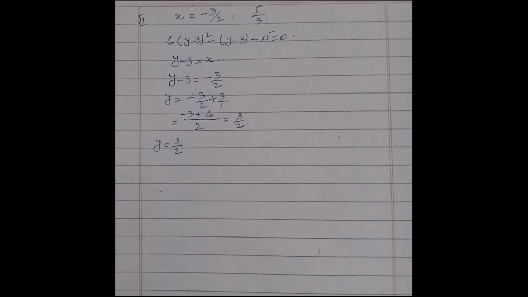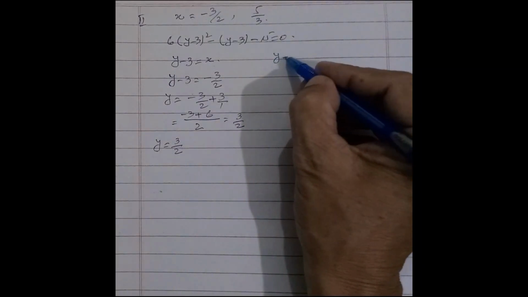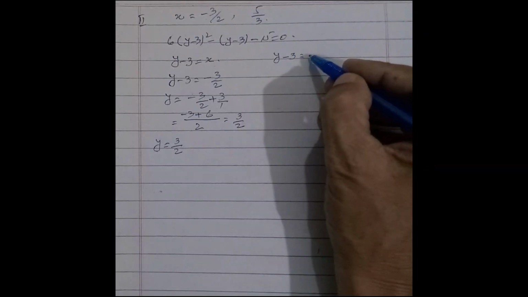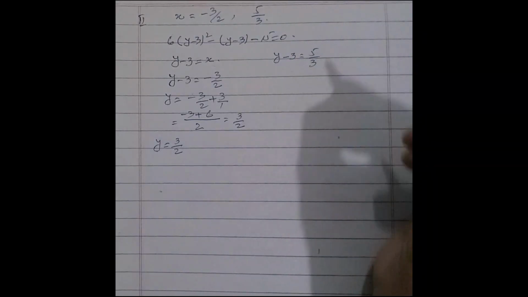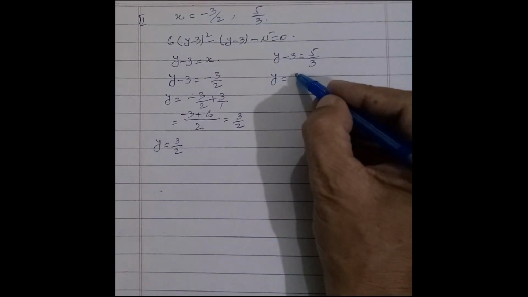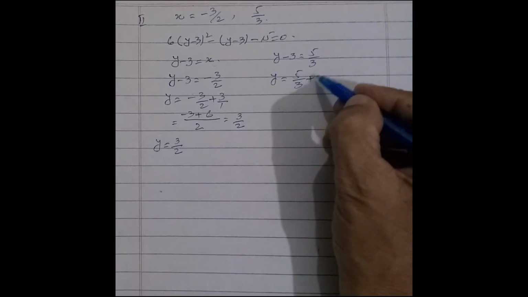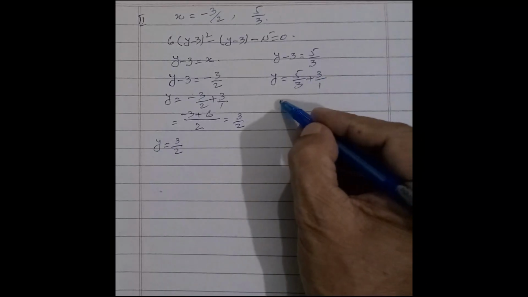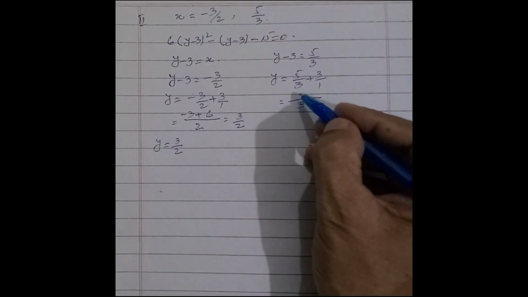And the other value of x is equal to 5 over 3. So we write y minus 3 is equal to 5 over 3. Solve it to find the value of y. y is equal to 5 over 3 plus 3. Take LCM, which is 3.